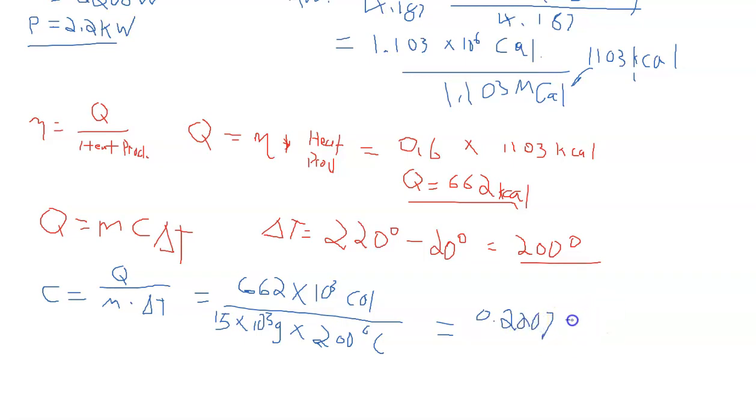And so, you know, compare that to water at 1, that seems to be very dense. It's an aluminum alloy, and so that's what the calculation suggests for C.